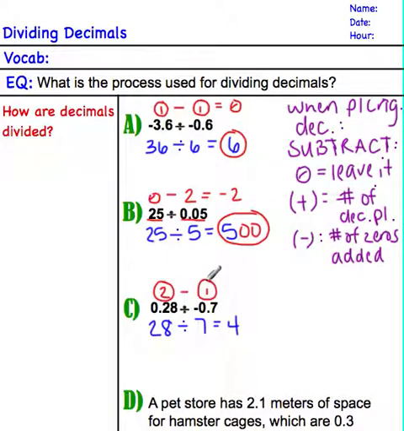And when I take 2 minus 1, I get 1, which means I need 1 decimal place in my answer. I also need to make sure I recognize that this is negative because this one is negative and this one's positive. And so I get 0.4, and the answer is negative.